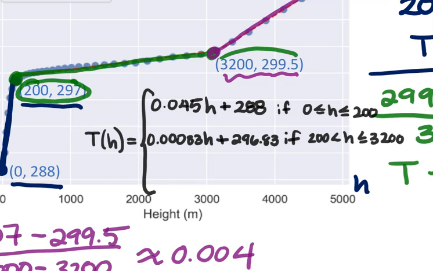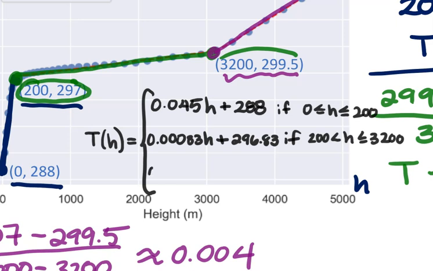And again, it doesn't matter which one gets the equal to and which one doesn't, but they shouldn't both. You shouldn't ever have to look at 2 different pieces of the function. So decide which one you're going to plug 200 into and stick with it. Either one is fine in this case.